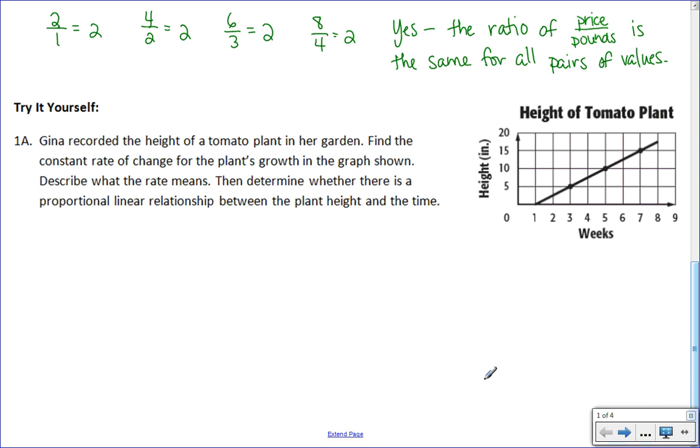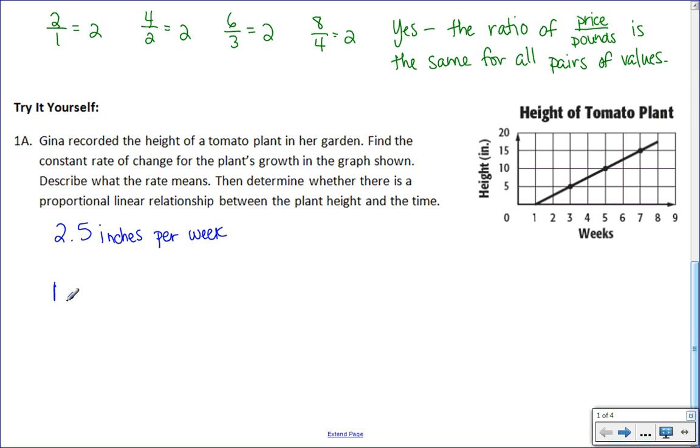Okay, for this one, the rate of change is 2.5. And the interpretation there should have been that the plant is growing at a rate of 2.5 inches per week. And then when you check to see if there was a proportional relationship, you should have gotten different ratios at some of these data points.